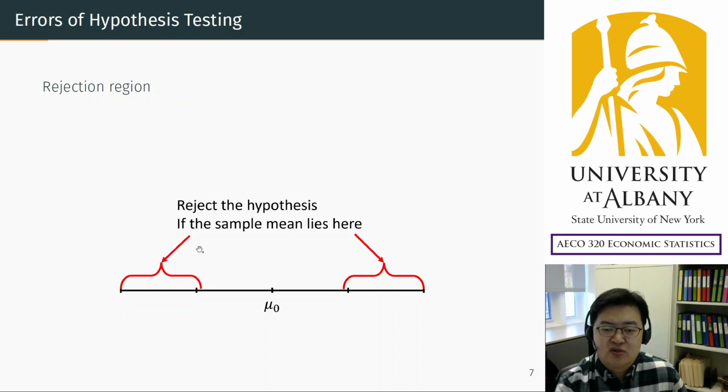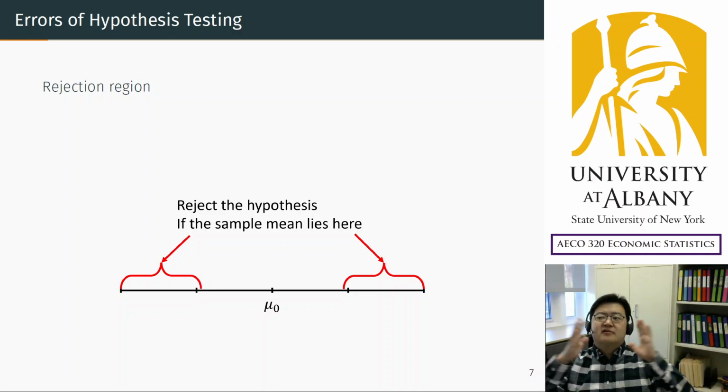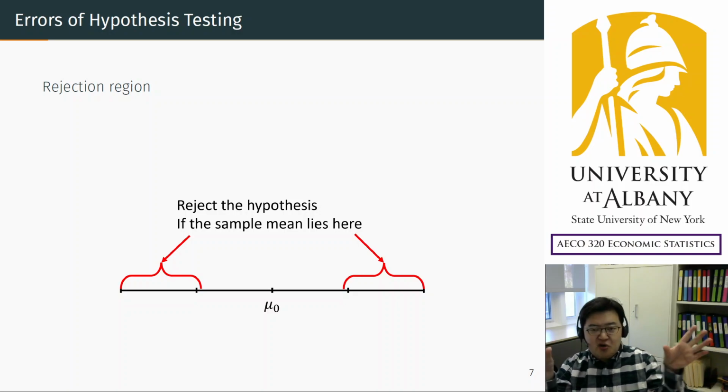If the distance between the belief and the observation is too far, then we are going to reject. And we determine that area as the rejection region.